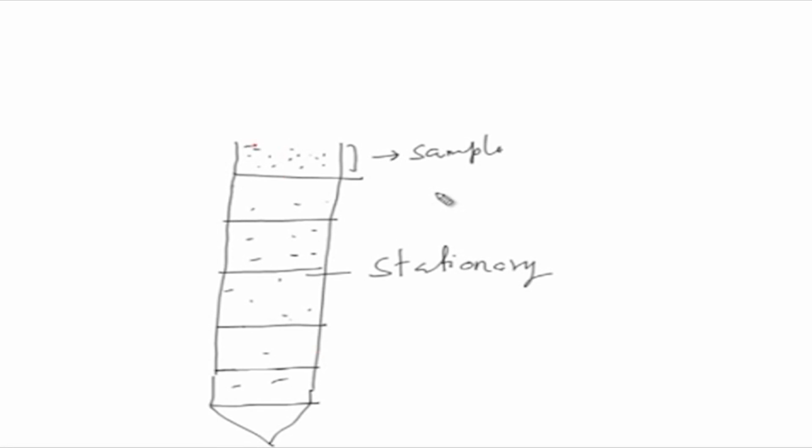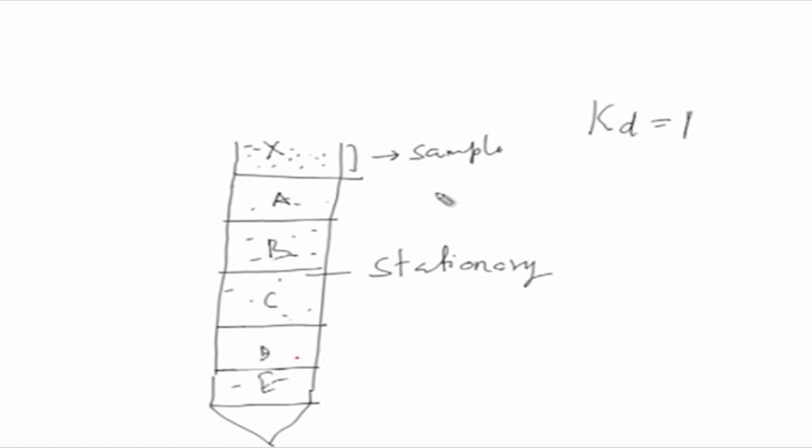Now say a sample is present in X quantity here, and just for assumption, the distribution coefficient, that is your KD value, is 1, that is, it separates equally in the mobile and stationary phase. So what will be the consequences as this whole thing enters, with the areas separated into different zones?